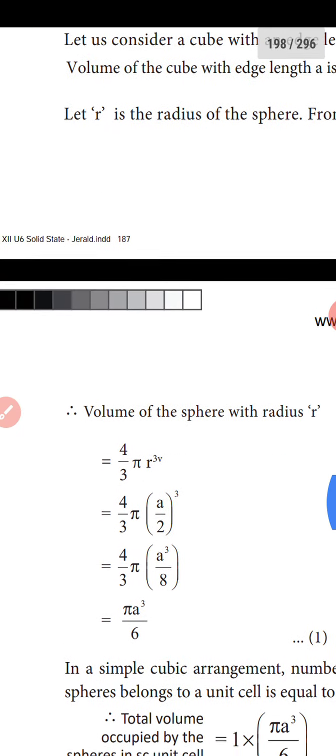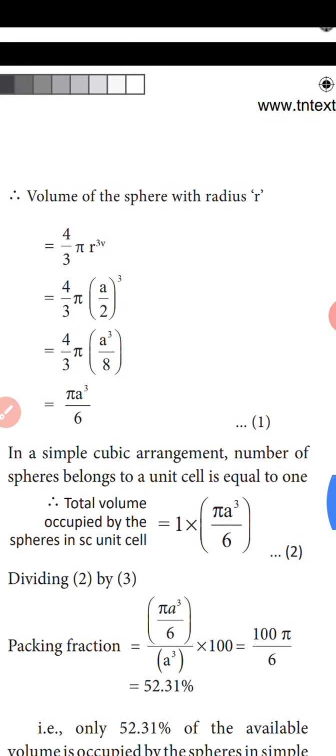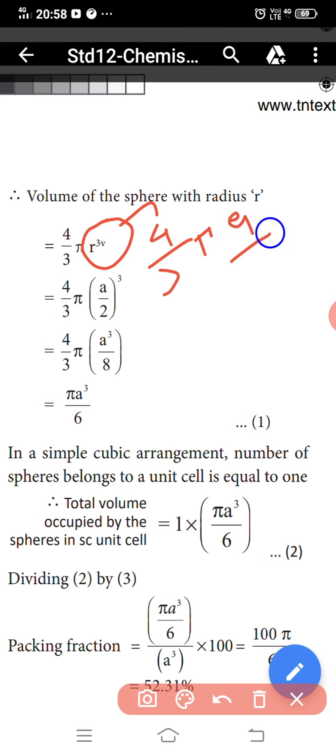The next one we discuss is the volume of the sphere with radius r. The formula is 4 by 3 pi r cube. Now substitute the r value: 4 by 3 pi into a by 2 whole cube.